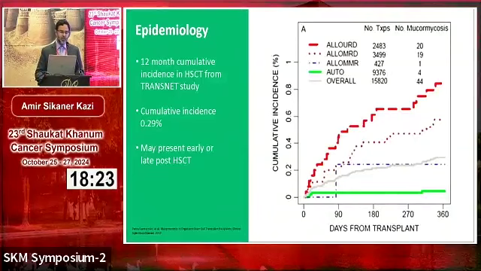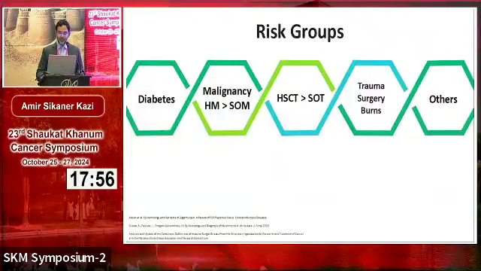So old data, but we can see that in this study, their 12-month cumulative incidence was around 0.29%. They were looking at over 15,000 transplants, and they found 44 cases of mucor. And they found that most of these were in the allo unrelated population, and the least were in the autologous. And they also found that these cases would either present early or quite late post-transplant.